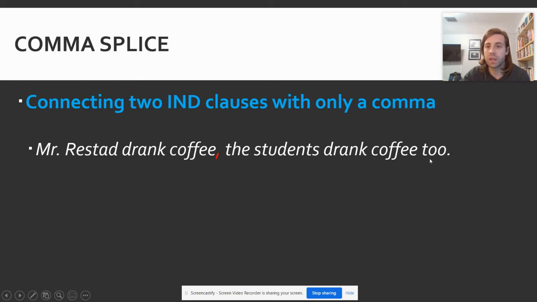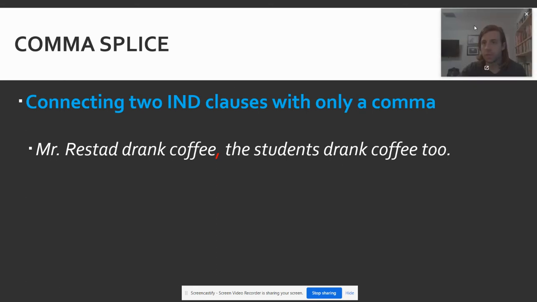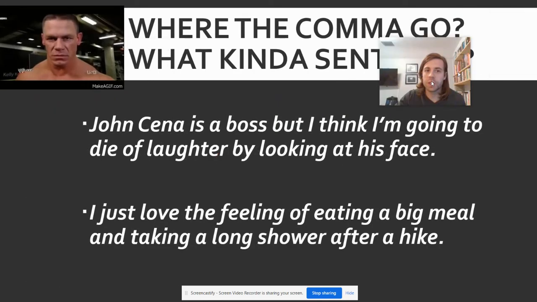I have 2 independent clauses here. I need a comma and a coordinating conjunction. So commas are weak. They need a little bit more strength to help them connect these 2 sentences into one coherent thought. So this would be incorrect, and it would be called a comma splice is the common term for this when it's happening.